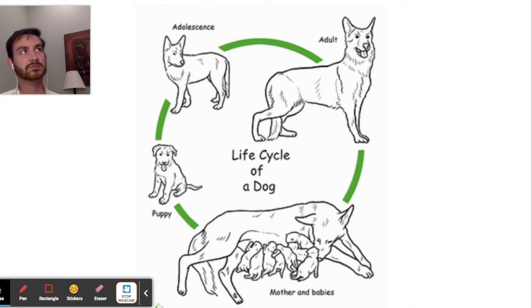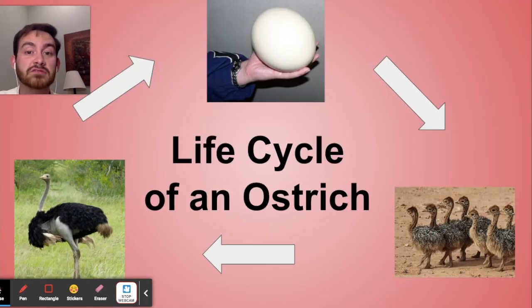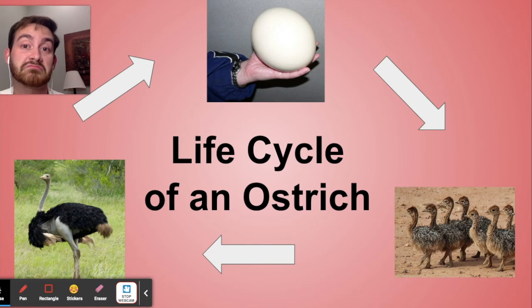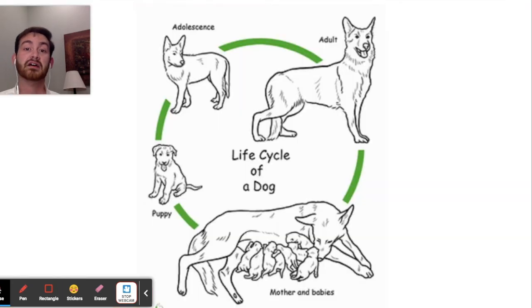So we have some similarities and we have some differences in our life cycles. So what is a similarity? Well, a similarity means something that is the same. What is something that is the same about a dog's life cycle and an ostrich? Yeah, they start as something that would be a baby that grows into an adult.